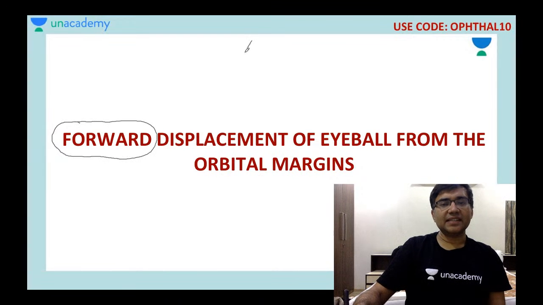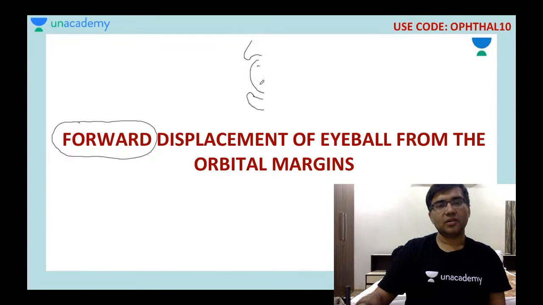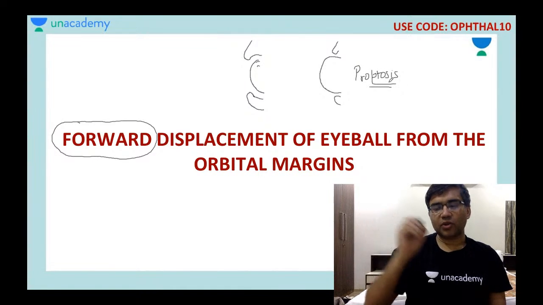Let's say these are my orbital margins, when you see it from the side, and this is your eyeball, protected by your eyelid. When this eyeball protrudes forward, this is called proptosis. Do you understand?